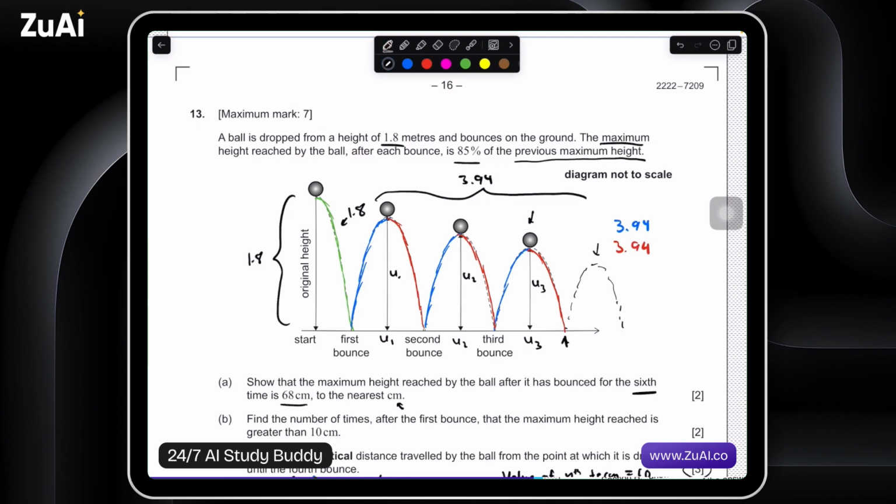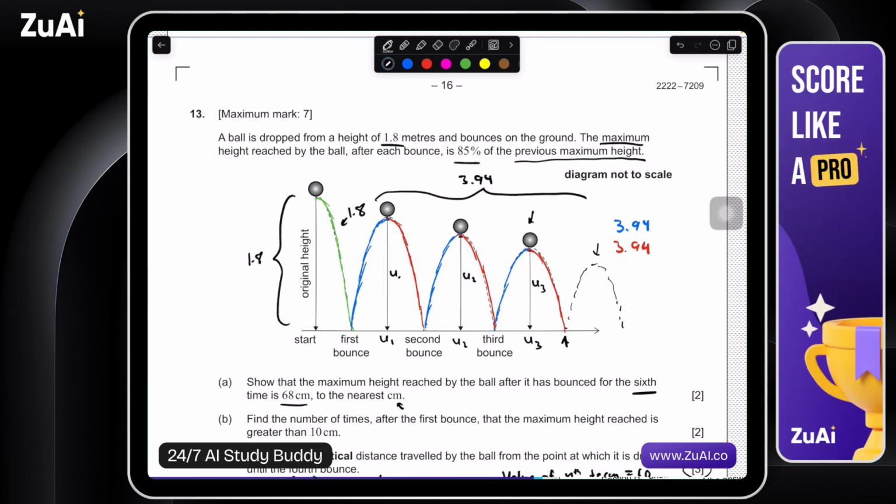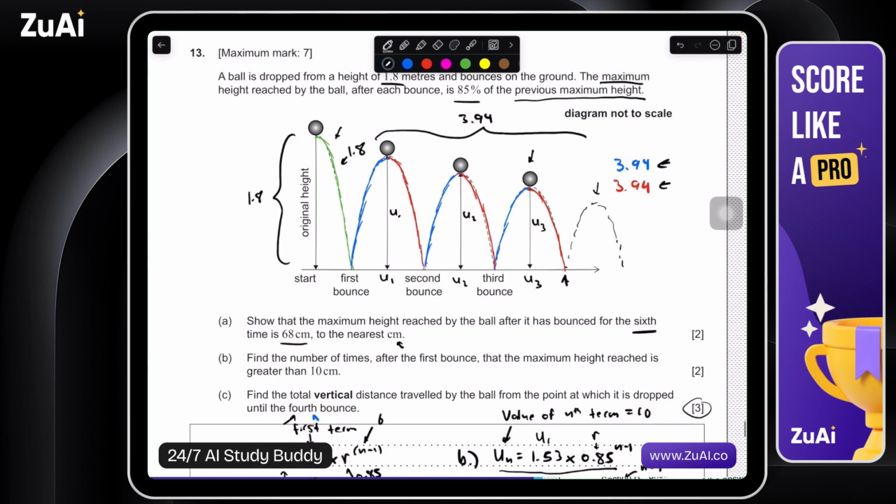So there are a lot of pieces that could potentially trip you up, and to be honest, it did for me the first time I read this. 1.8, sure, we only have one drop there. It's the way up and the way down, multiply by 2, sure, but this part, until the fourth bounce, we don't actually include this value of U4 in this instance.